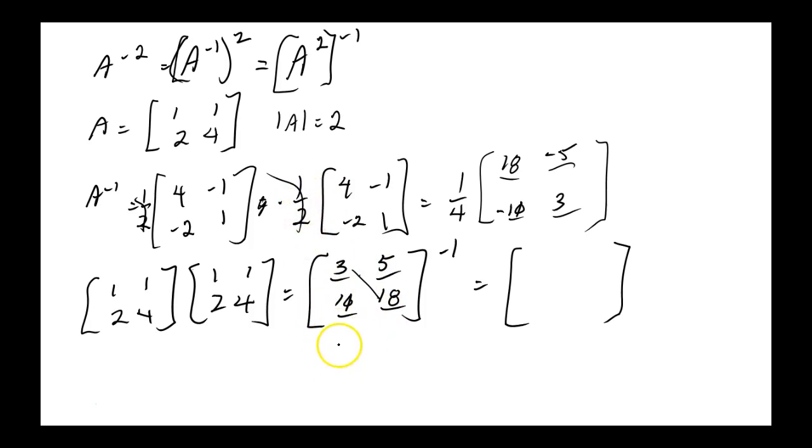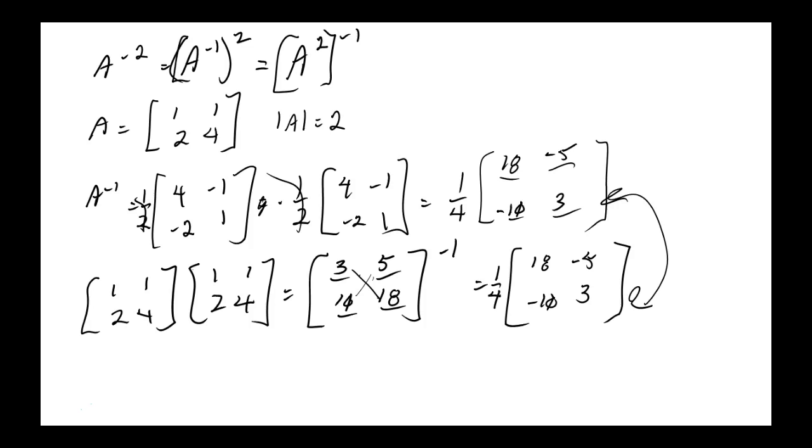That would be 3 times 18, which is 54, minus 50. So that would be 4. So the determinant would give 1 over 4. Good. And then reverse the main diagonal, 18 and 3, and negate the off diagonals, minus 5 and minus 10. And look at that. Exactly the same thing as we got before. Precisely, exactly the same thing.